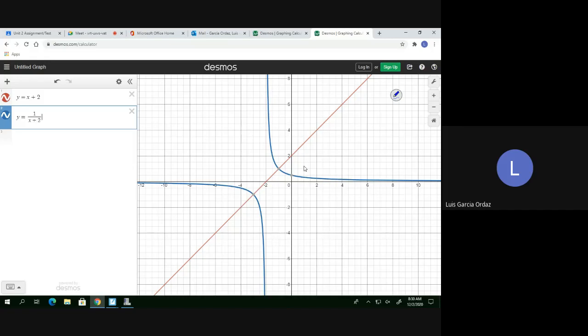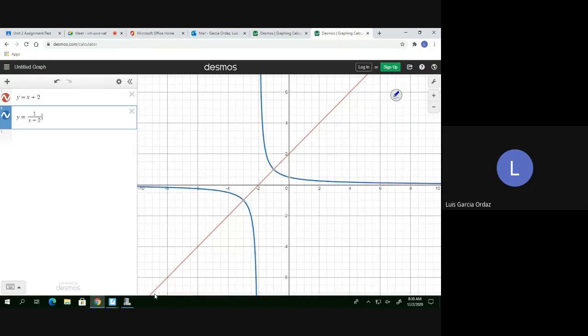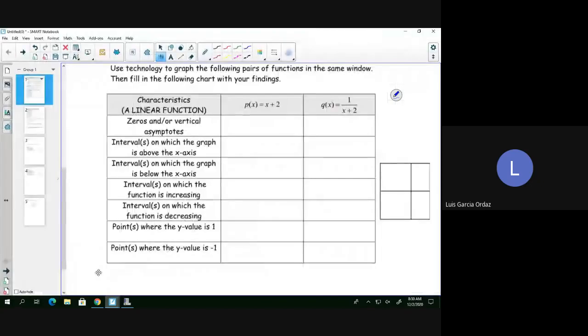Negative 2. So for p of x, we have our zero at x is equal to negative 2, and it has no vertical asymptote. Q of x is 1 over x plus 2, has no zeros, but it has a vertical asymptote at x is equal to negative 2.